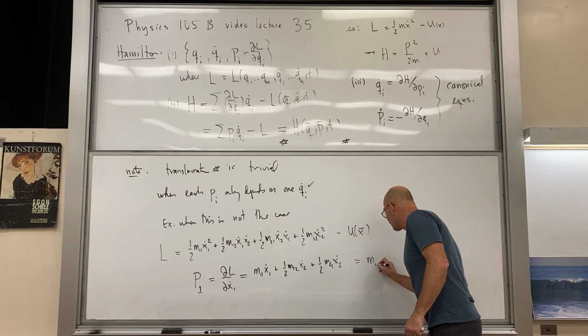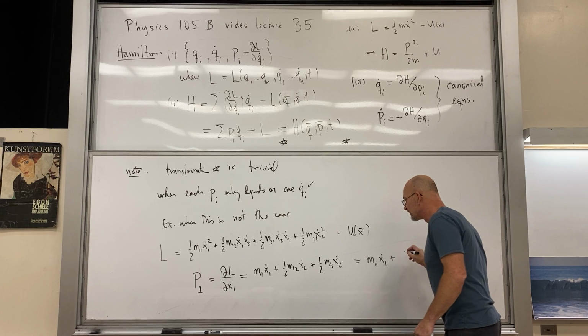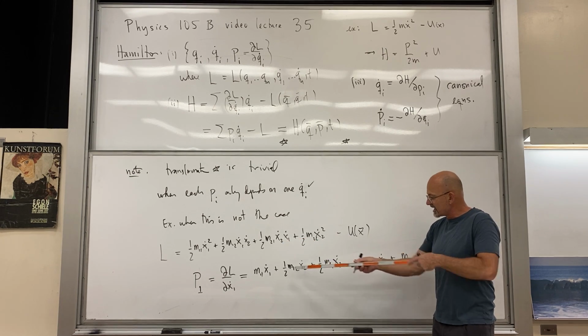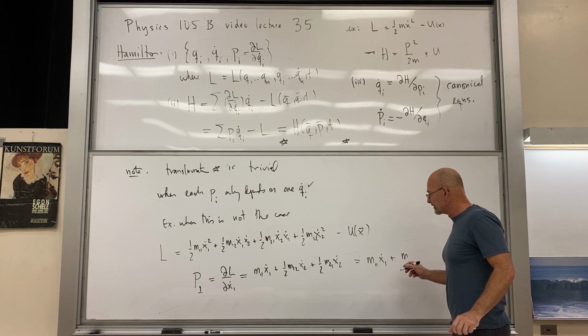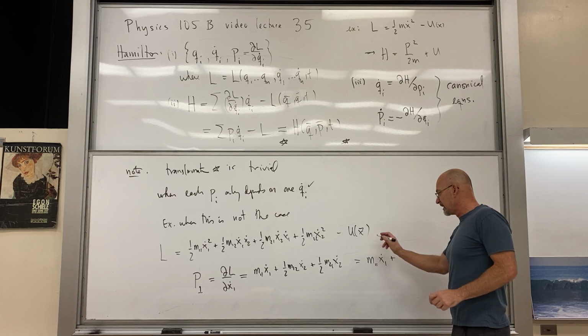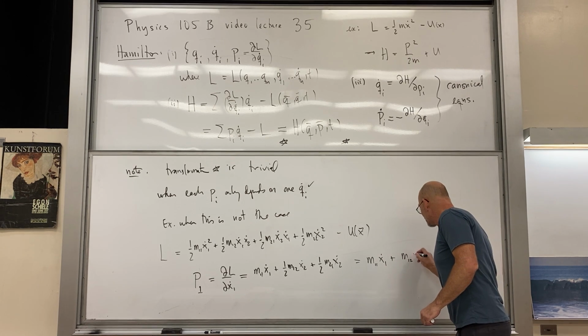So that's M11 x1 dot plus, and remember, we can always have the M matrix be symmetric, so we have M12 x2 dot. Okay.